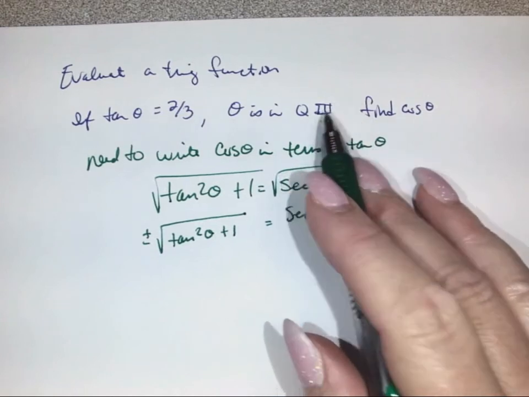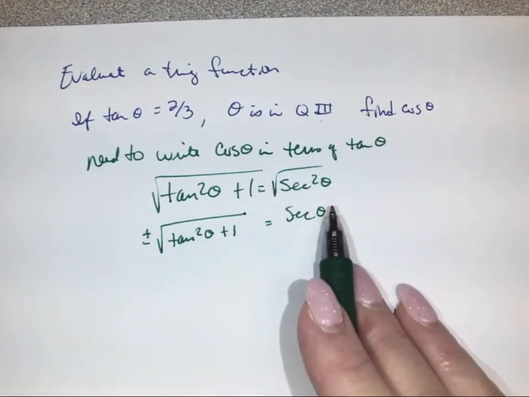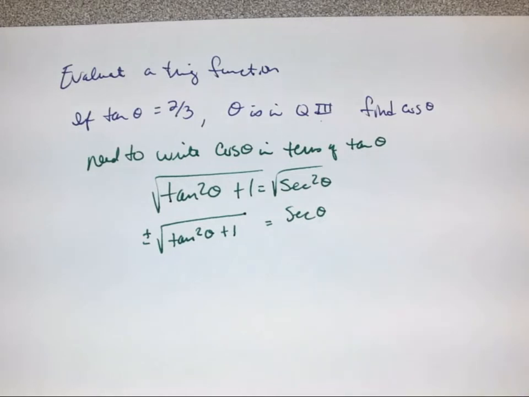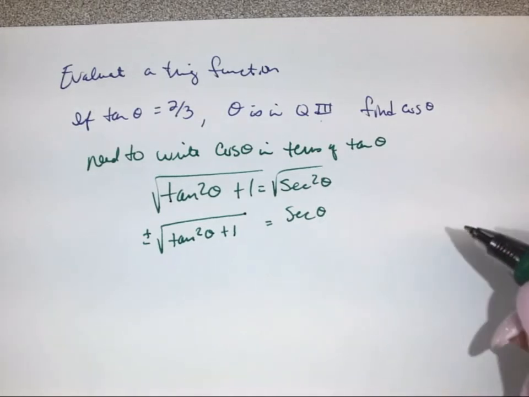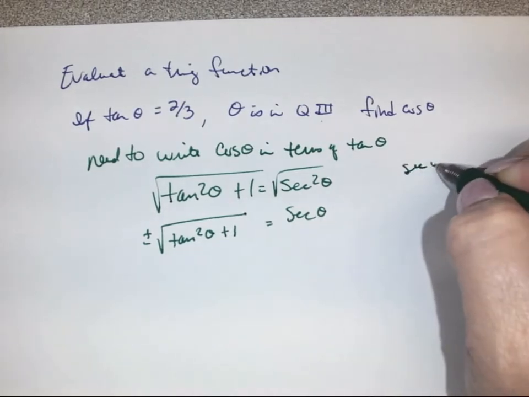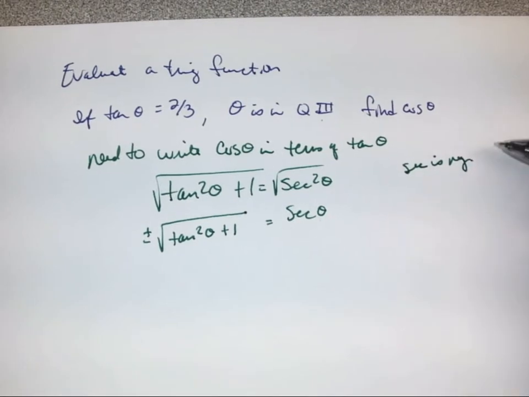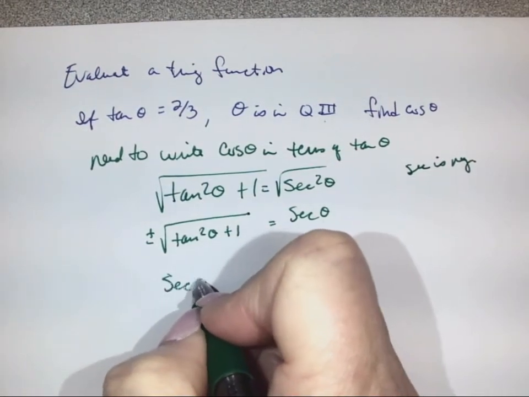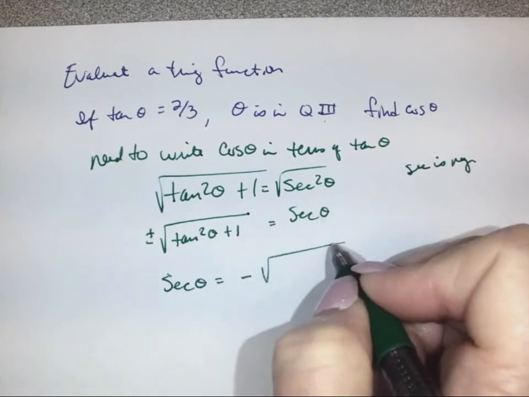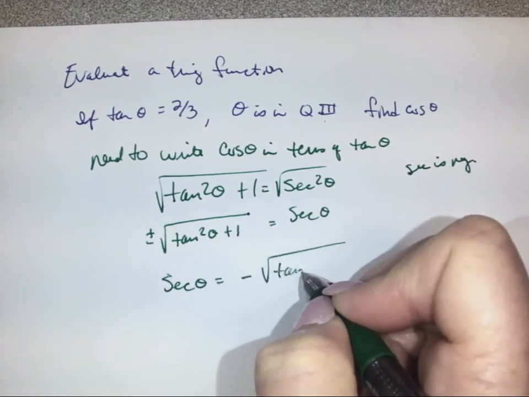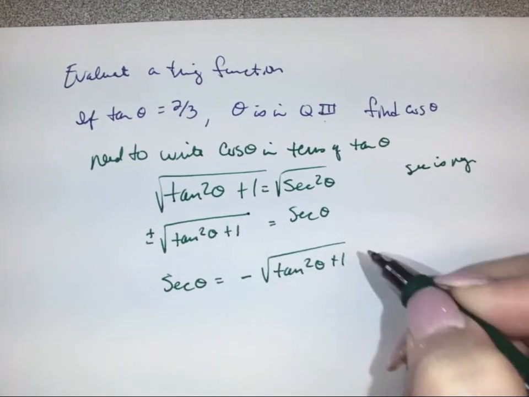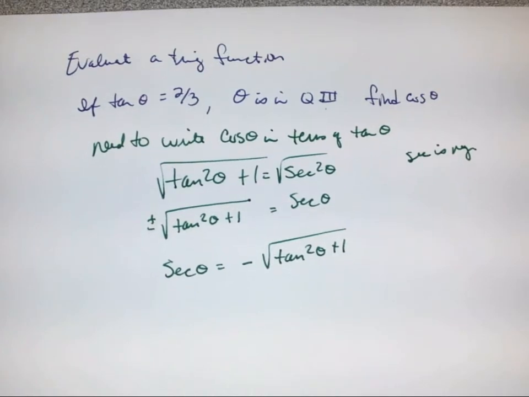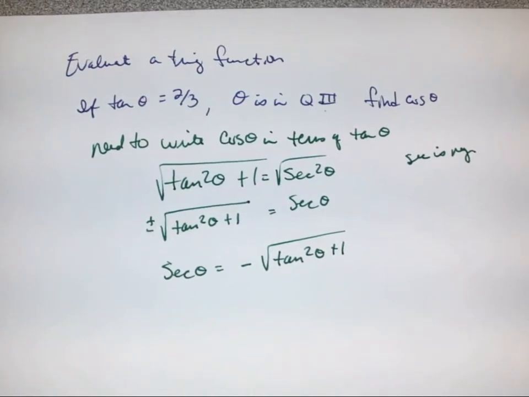So in quadrant 3, secant, which is 1 over cosine, will be negative. So secant is negative. So I'm going to flip this, so it'll be secant theta is equal to negative the square root of tangent squared theta plus 1. Now we need to actually find cosine.